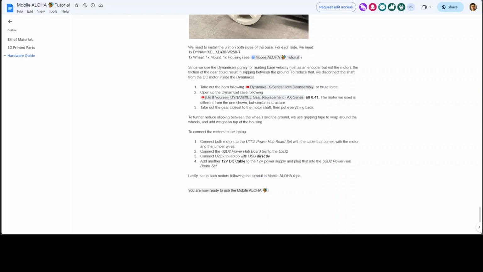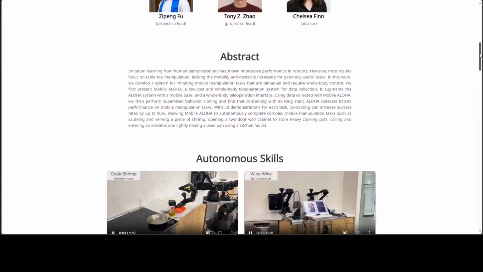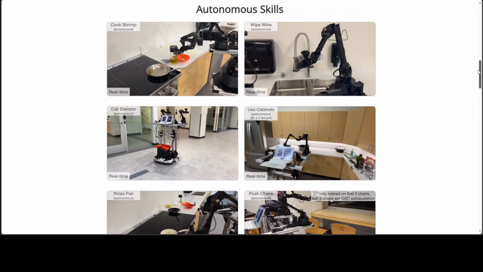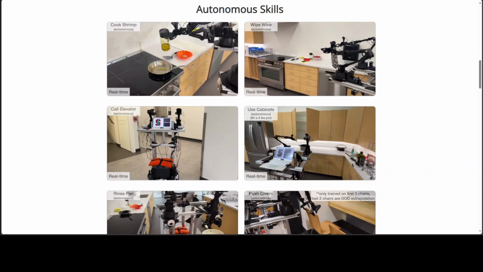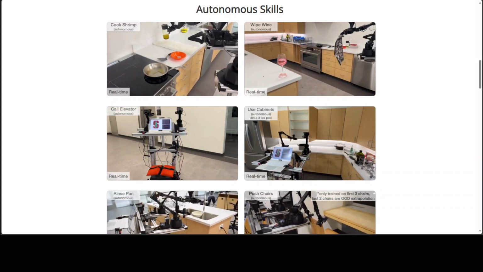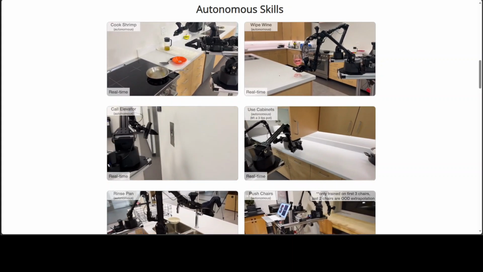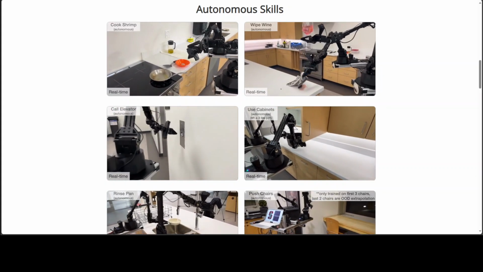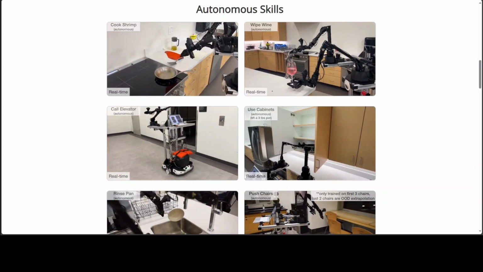Now, let's go back to Mobile-ALOHA and look at some of the most interesting data around it. As I said, it has autonomous skills. Now, what exactly is the problem this Mobile-ALOHA is trying to solve? The previous generation robotic systems focus on static tabletop manipulation, lacking the mobility and adaptability for real-world versatile tasks.